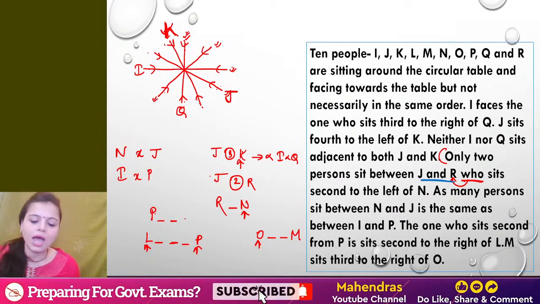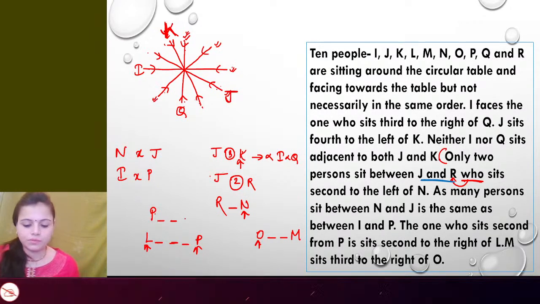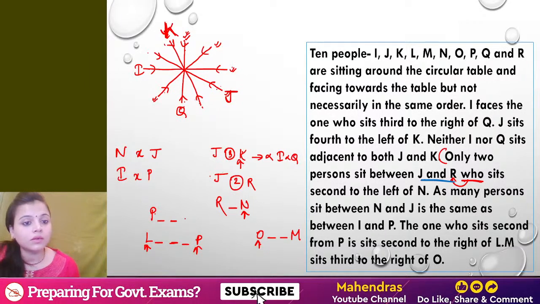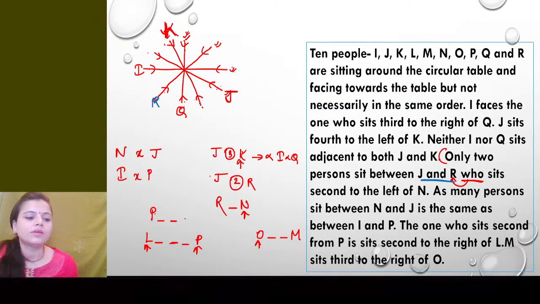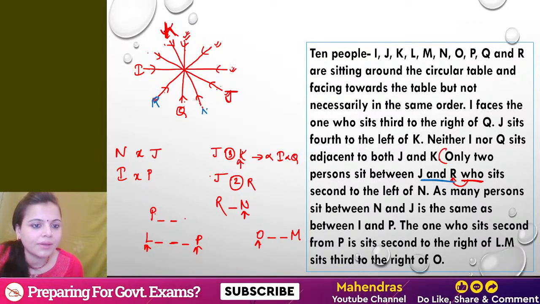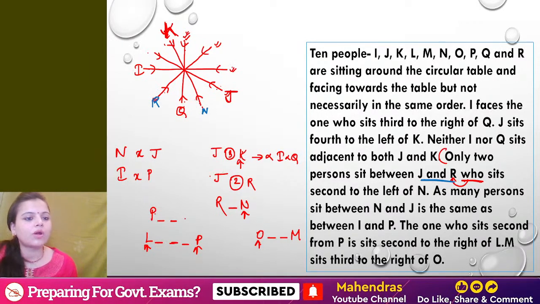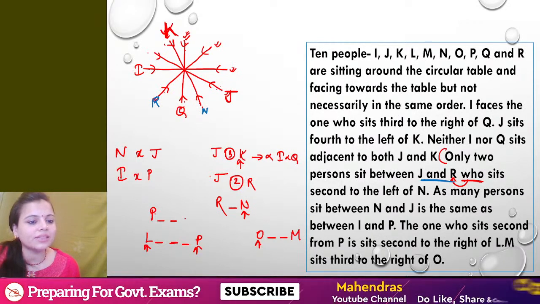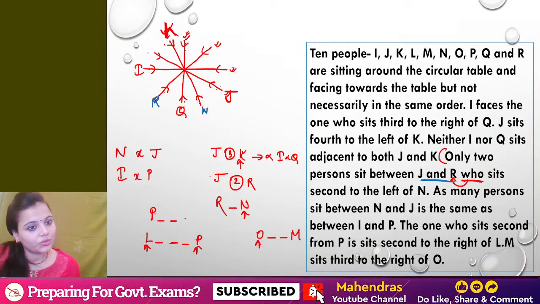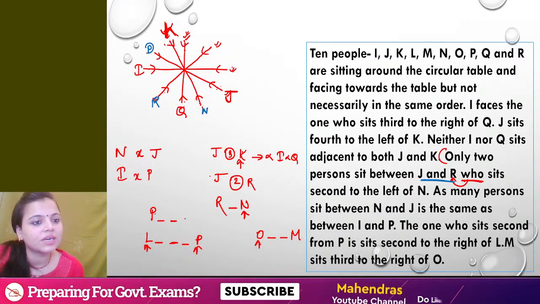So if you put R, we have two places. If you put R in this place, you will get the place for N here. Now the number of persons between N and J, that means N and J are immediate neighbors. Same as between I and P, that means I and P are also immediate neighbors, right?